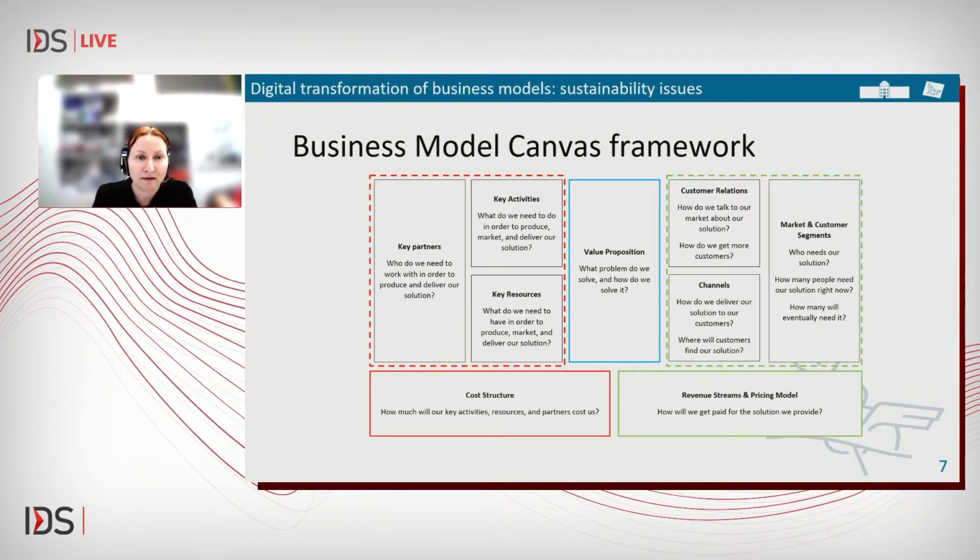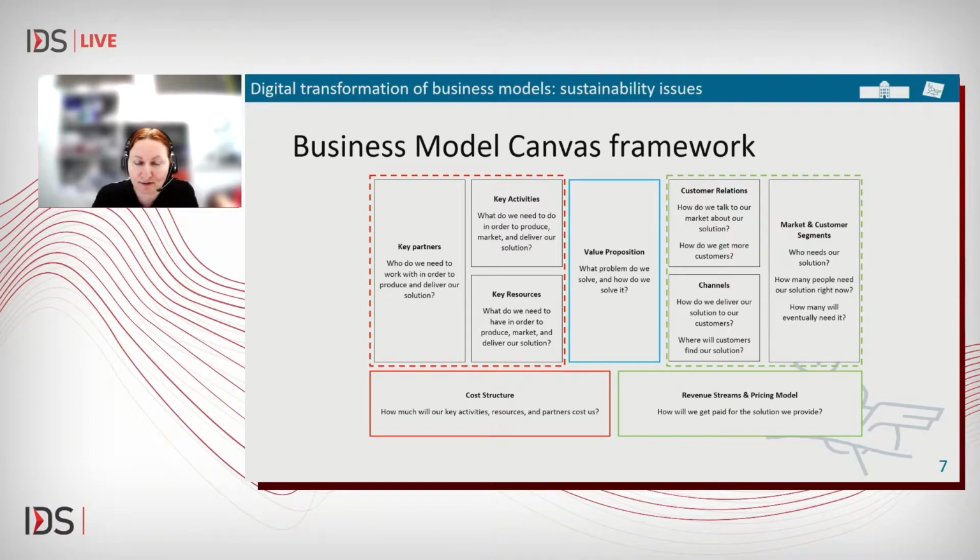So the company should answer the question for key partners: who do we need to work with in order to produce and deliver our solution? Then, in the building block key activities: what do we need to do in order to produce, market, and deliver our solution?